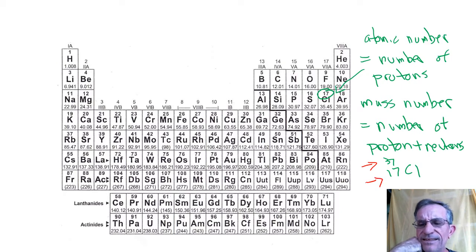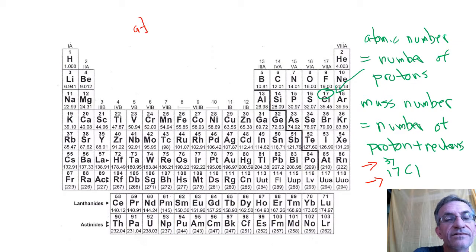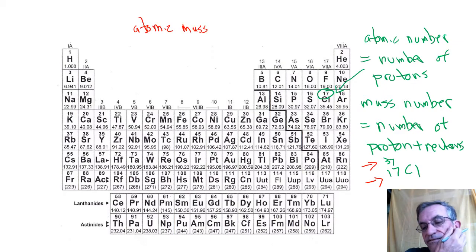All right, now in this lecture, we're going to hear about something that sounds similar to mass number, but it's a totally different idea. This idea is called the atomic mass. The atomic mass is the weight of an atom, the average weight of an atom.